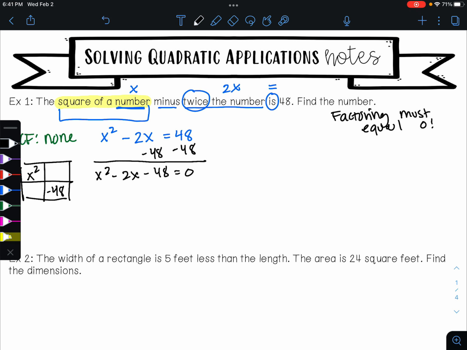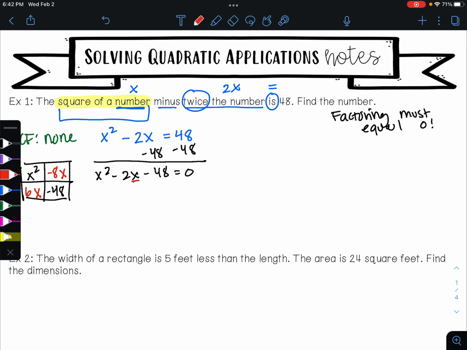And those 2 numbers are, let me use red, negative 8 and positive 6. Negative 8 times 6 is negative 48, and negative 8 plus 6 is negative 2. Now remember, because my middle term has an x, both of these are going to get an x.